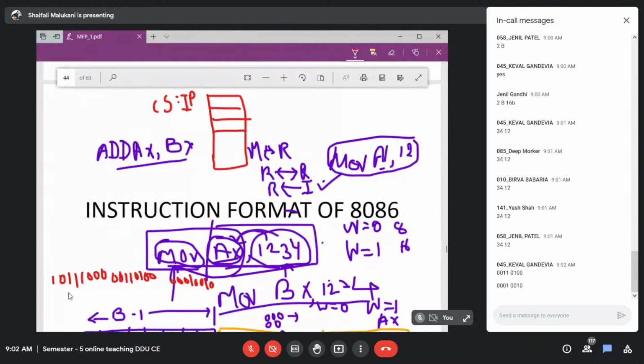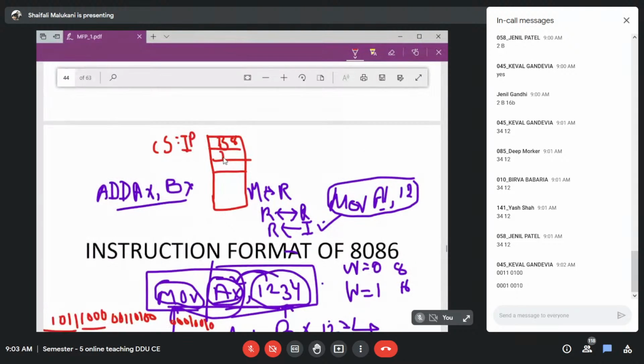So this is the first byte. It will be B8. This is B8, and then this is 34 and 12.